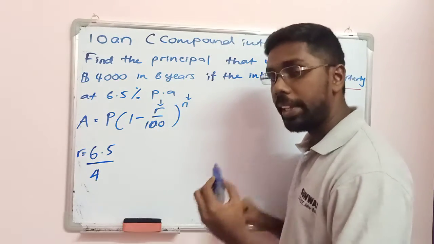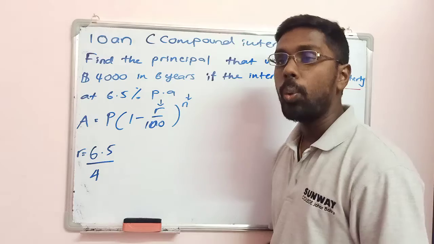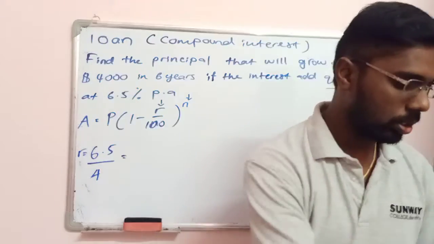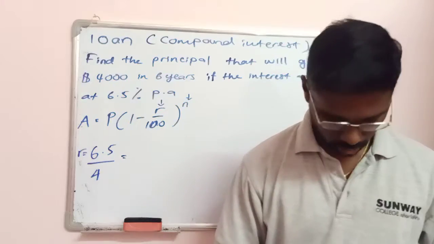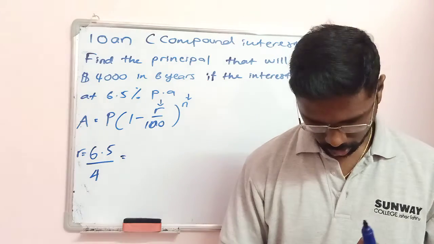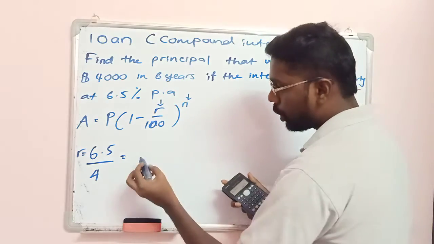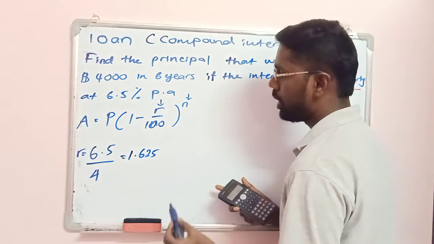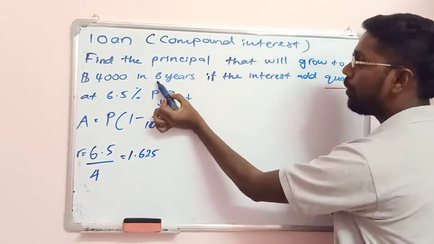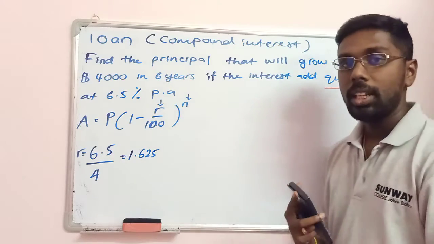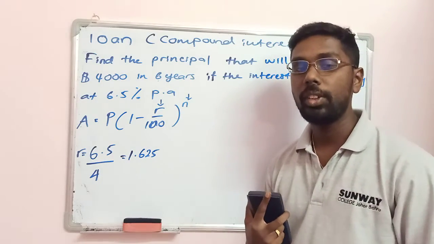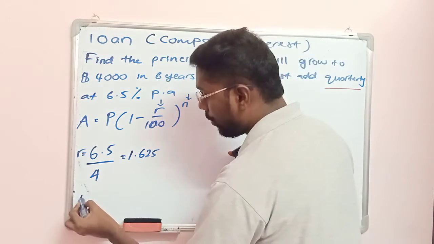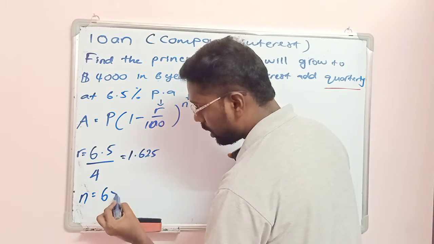So each time they compound, the interest rate is 1.625. And for your n value, they gave you 6 years, but the interest is added 4 times in 1 year. Therefore, your n value is 6 times 4.